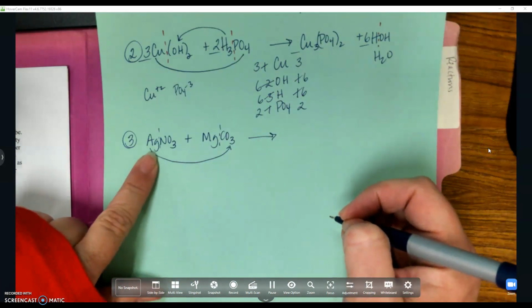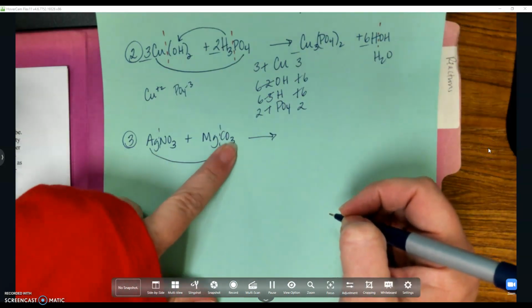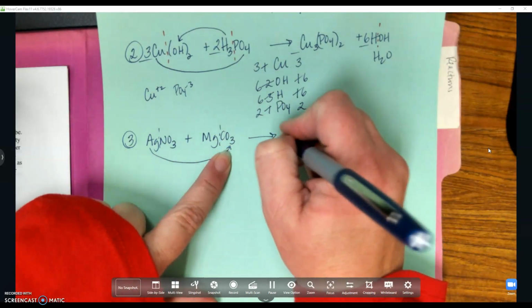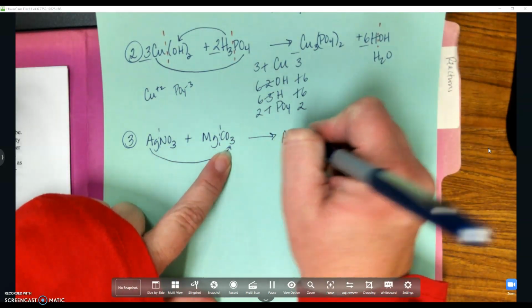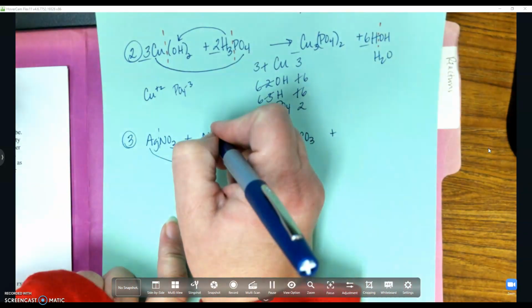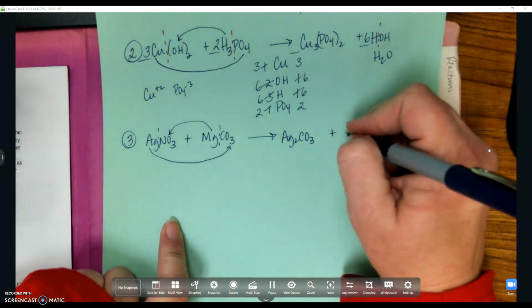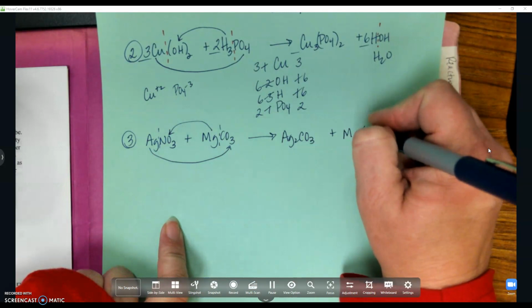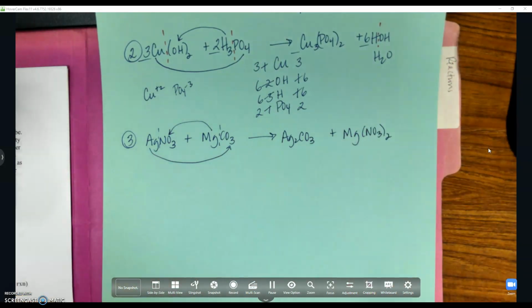And silver is going to be +1 and carbonate is -2, so I'm going to need 2 silvers. And then we have magnesium and nitrate. So magnesium is +2, so I'll need 2 nitrates for that to balance.